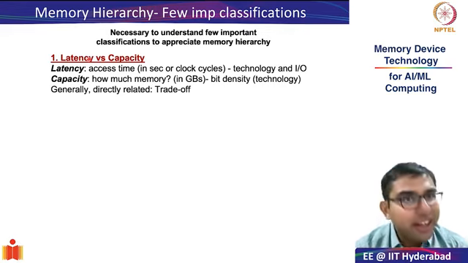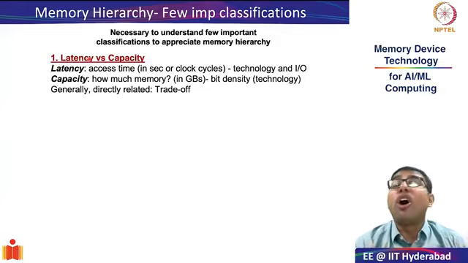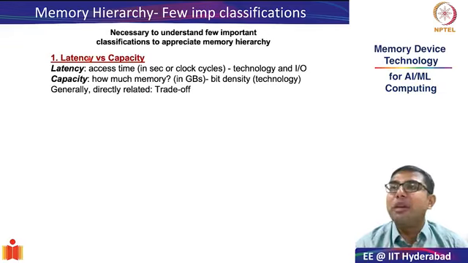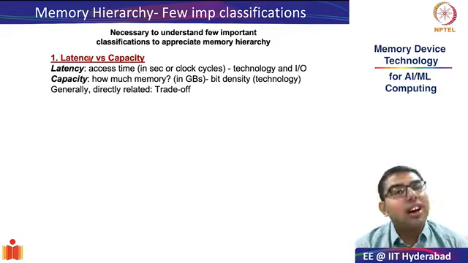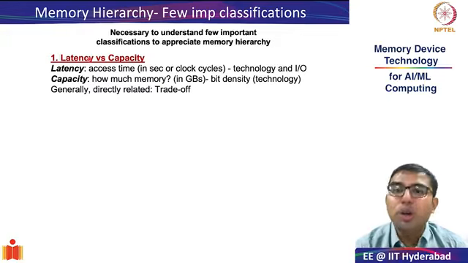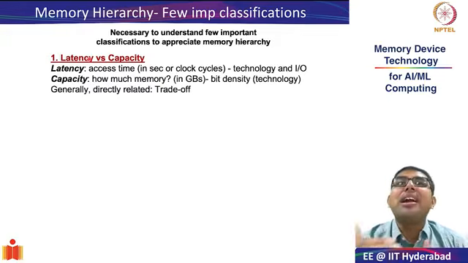Now, ideally you would want some memory or storage element with very low latency and very high bit density. Unfortunately, nature and engineering are full of trade-offs. That is very, very difficult to achieve, and the two are directly linked.